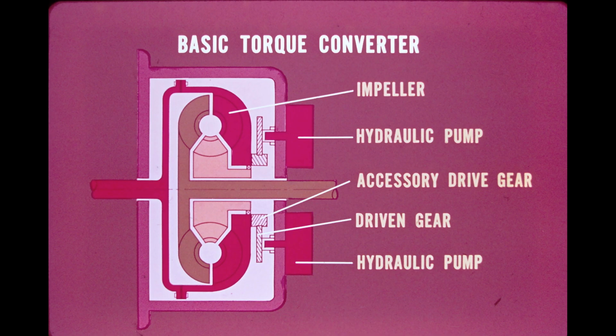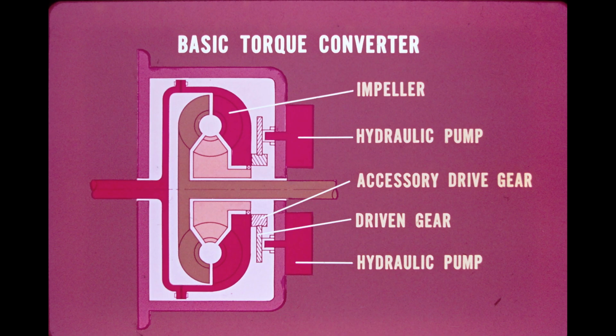In some converters, the stator remains stationary at all times, and these units are not efficient fluid couplings because the stator causes resistance. In other converters, the stator is designed to be locked in a stationary position by the fluid coming from the turbine during vortex flow, but will freewheel with the turbine and impeller when engine torque is sufficient to operate the machine. Converters with this type of stator will function efficiently during the fluid coupling phase, which is important for the high speed required of trucks and scrapers.